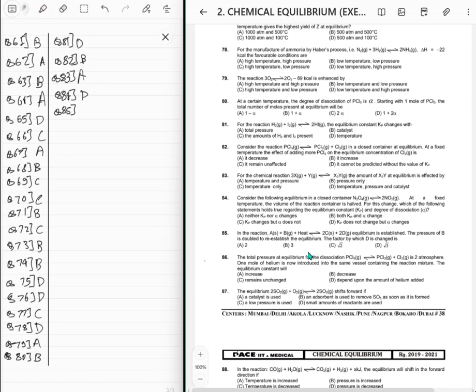So what assumptions should we be making over here? First of all, equilibrium is established, fine, and then the pressure of P is doubled. So just for P, and that means you are adding more moles.